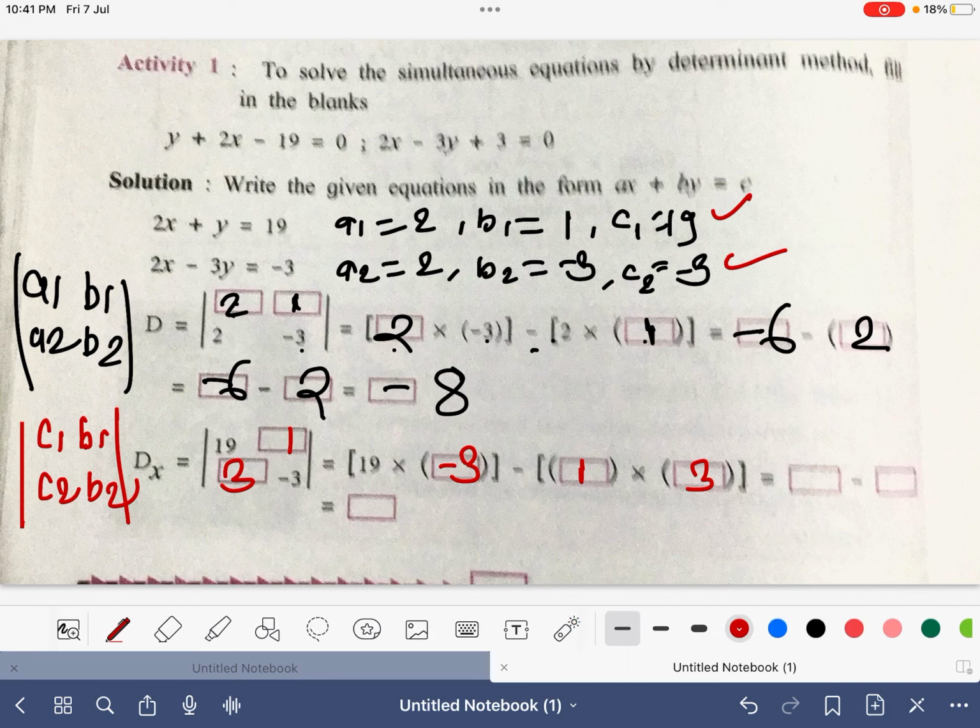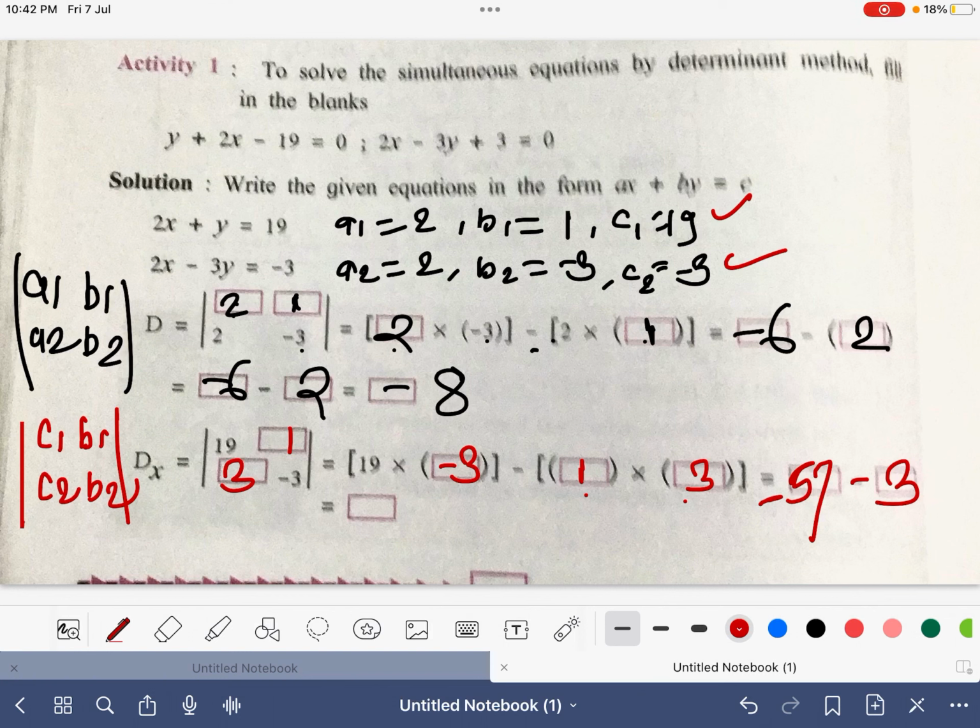First of all solve this. 19 threes are 57, and because of the minus sign you get 19 multiplied by minus 3 is equal to minus 57. Now there is another term, 1 multiplied by 3, so minus 57 minus 3.